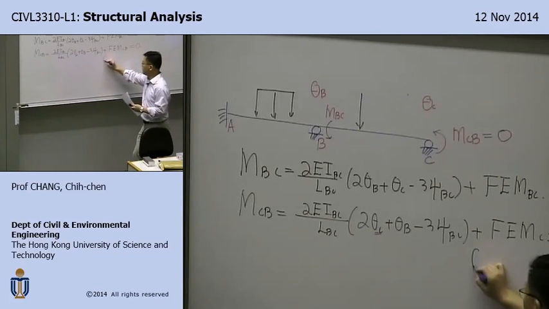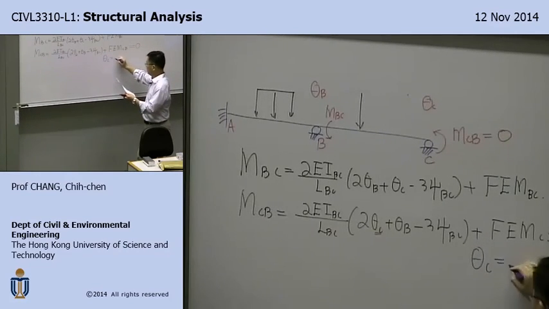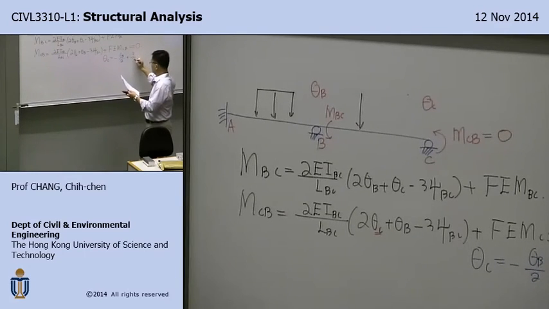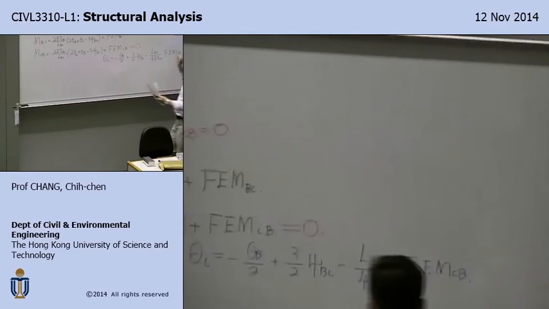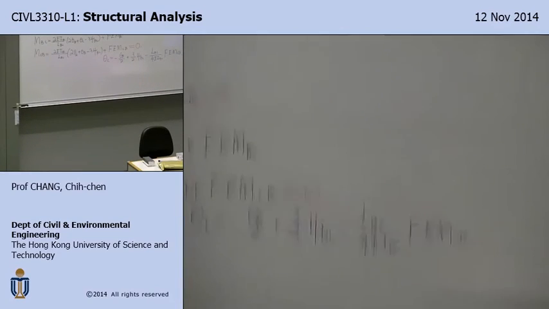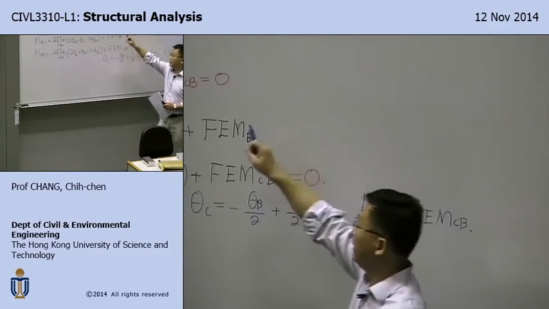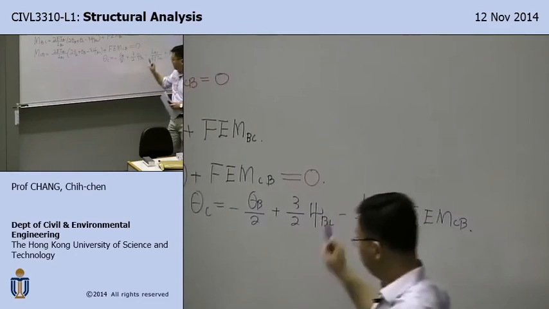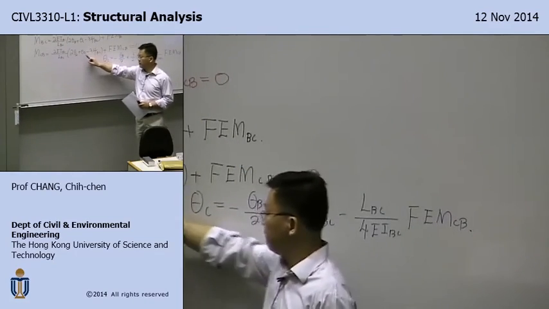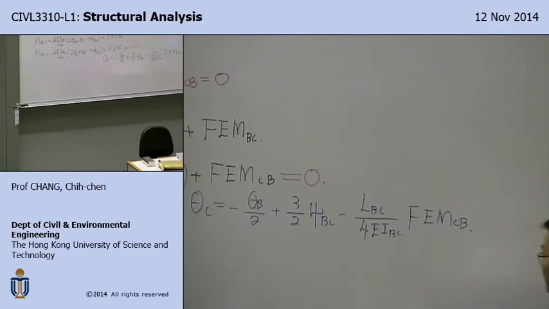So I can get theta C. I'm just forcing the moments to go to 0 if I know that there's no external moment there. And then I can solve for theta C as a function of the rest of the parameters like that.